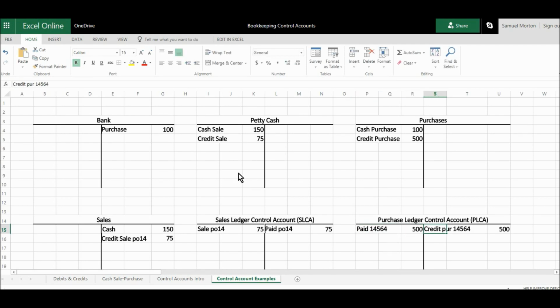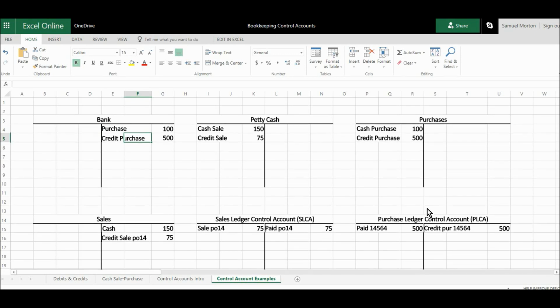And how did we pay for that purchase? Well, let's say we actually paid through the bank. That's the most likely thing to happen. So now the liability account is 0. We don't owe anything, and everything has been recorded.